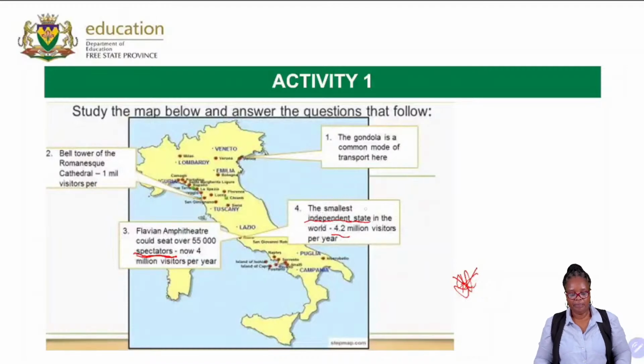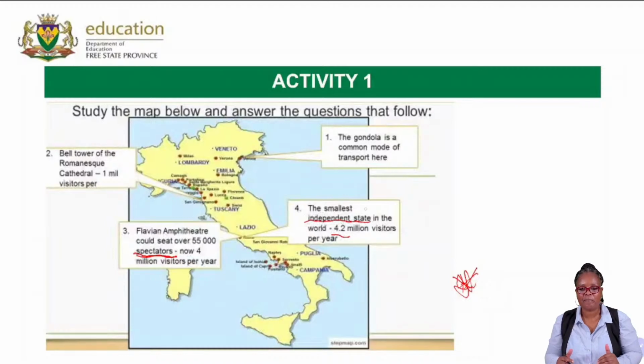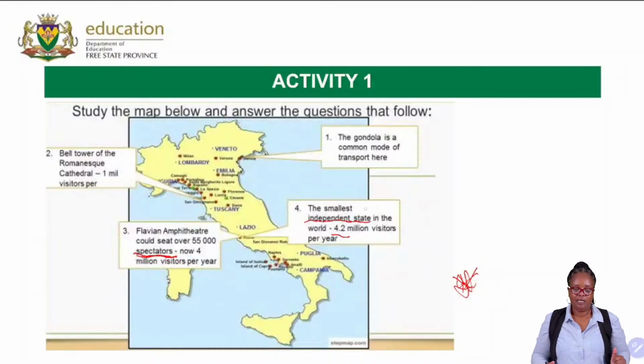Look at number 1. The gondola is the mode of transport that is being used here. That was Venice. We talked that no cars are allowed there; the cars are banned. And we said that only the water boats, the water buses, and the gondolas are used in Venice.